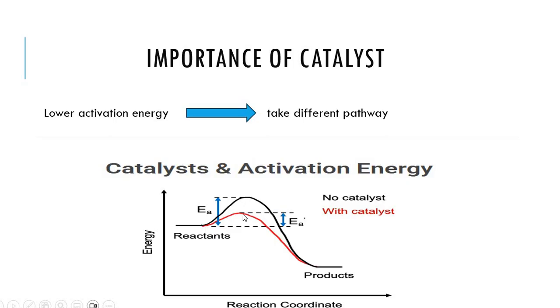So the catalyst is a very crucial step in most reactions, and how did they discover it? Maybe this is a short story. I forgot to mention this at the beginning. They discovered it a long time ago when they were manufacturing cheese and wine.